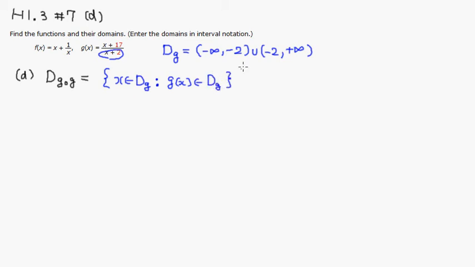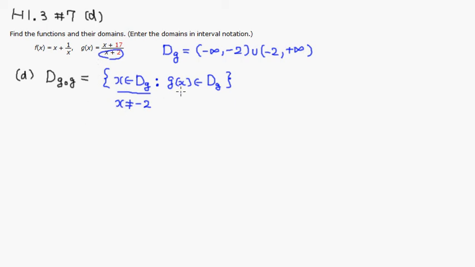Then what does that mean? The first one is easy. It simply means that x cannot be -2, because we knew that -2 would be a bad x value.